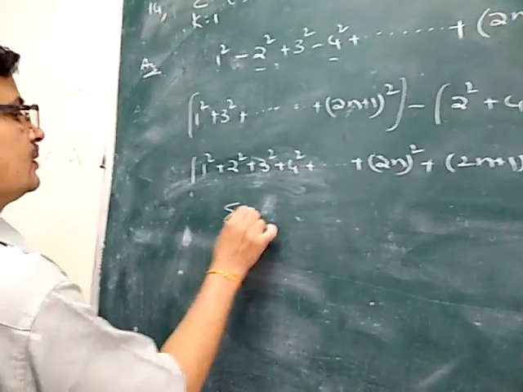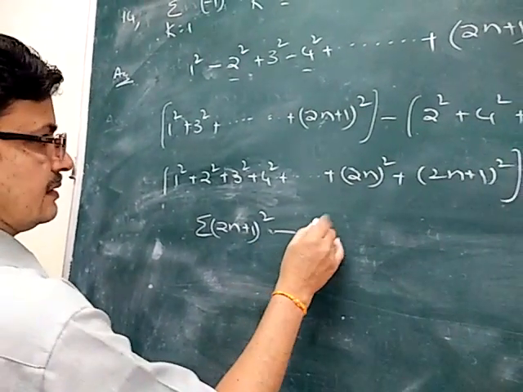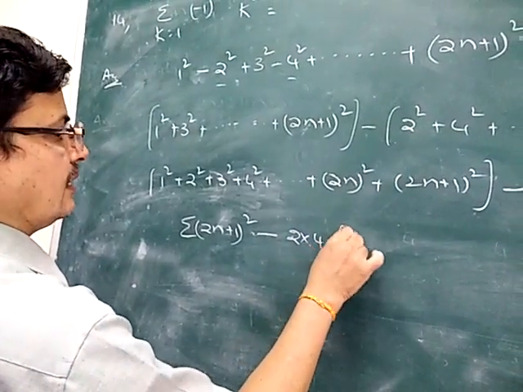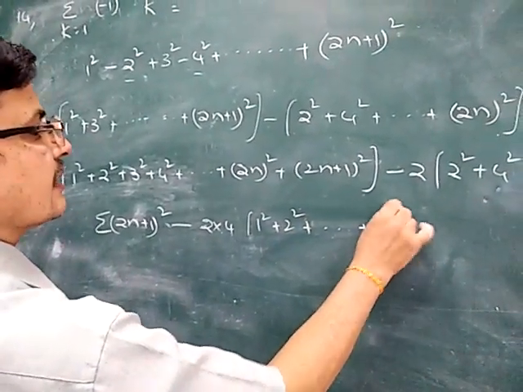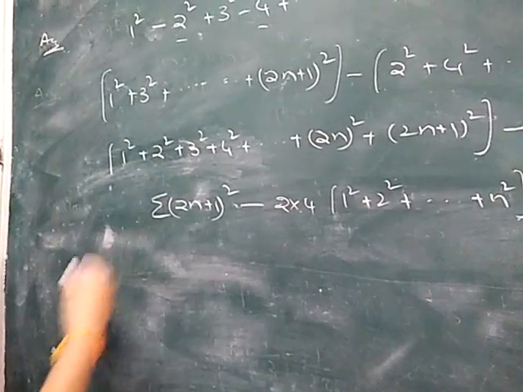Now this is sigma 2n plus 1 whole square minus, this is taking 2 is common, 2 into 4 into 1 square plus 2 square plus so on plus n square. So this is sigma n square.